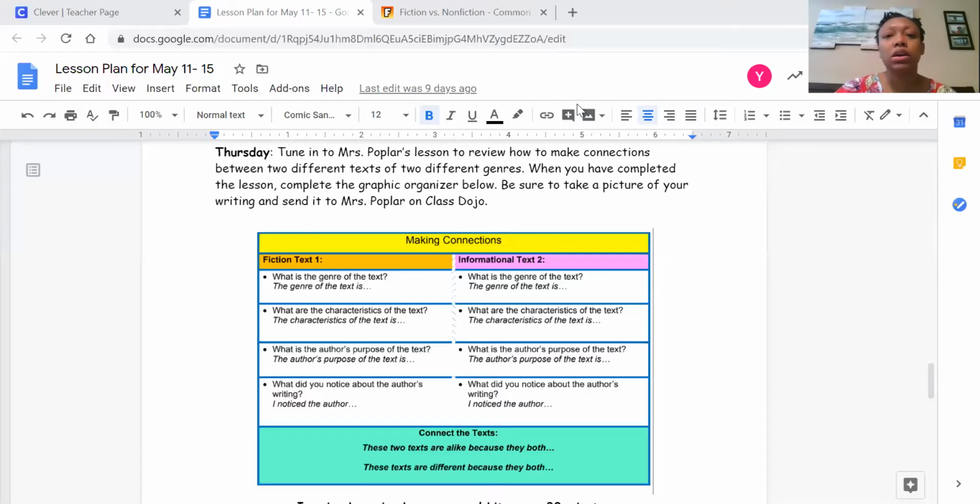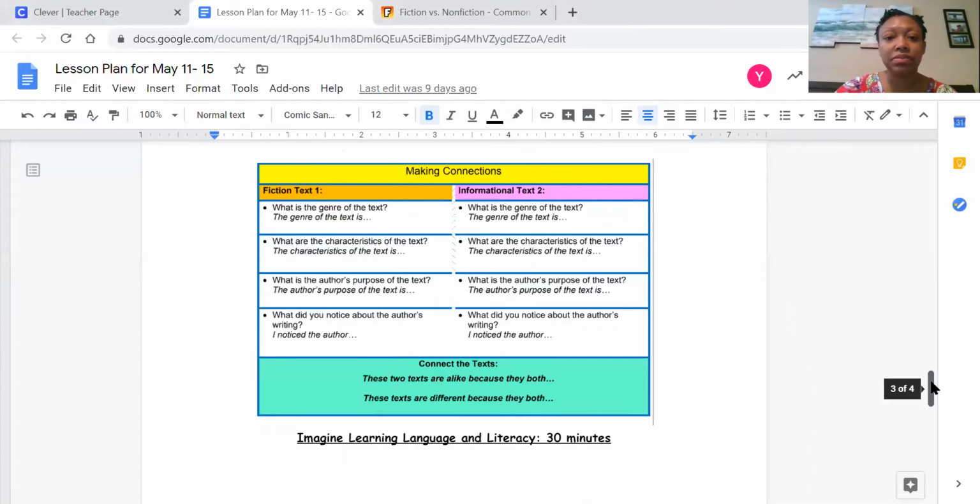Okay, so I'm going to show you your assignment for the day. What you're going to do today is look at this graphic organizer, and you're going to use it to talk about the two pieces of text.